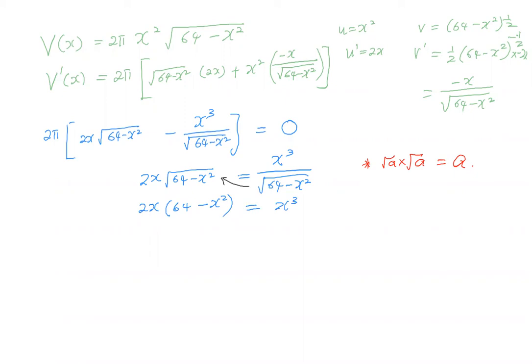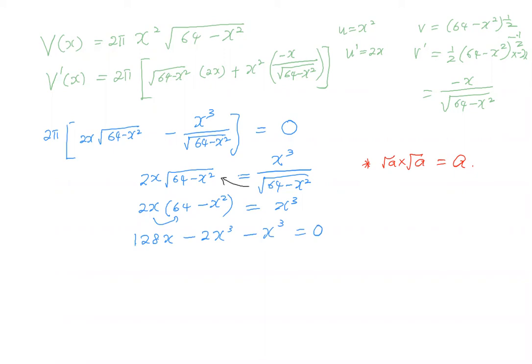Okay, so now I expand it. 128x minus 2x cubed minus x cubed. Whenever solving an equation, correct, we try not to cut off the x cubed or divide by x. We try to do it by factorization.